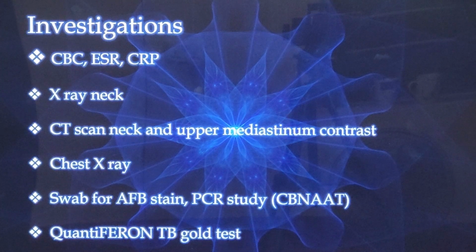Coming to the investigation. When we do CBC, ESR and C-reactive protein, generally the ESR will be elevated. To start with, we'll take an X-ray neck, but for sure the gold standard is CT scan neck, inclusive of the chest. And chest X-ray, but if CT scan chest is done, chest X-ray can be avoided.